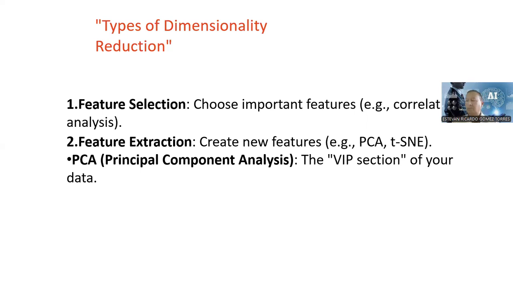Here we have a question for the students. When you use principal component analysis, is it for a data set of 1,000 columns or for a data set of 10 columns?